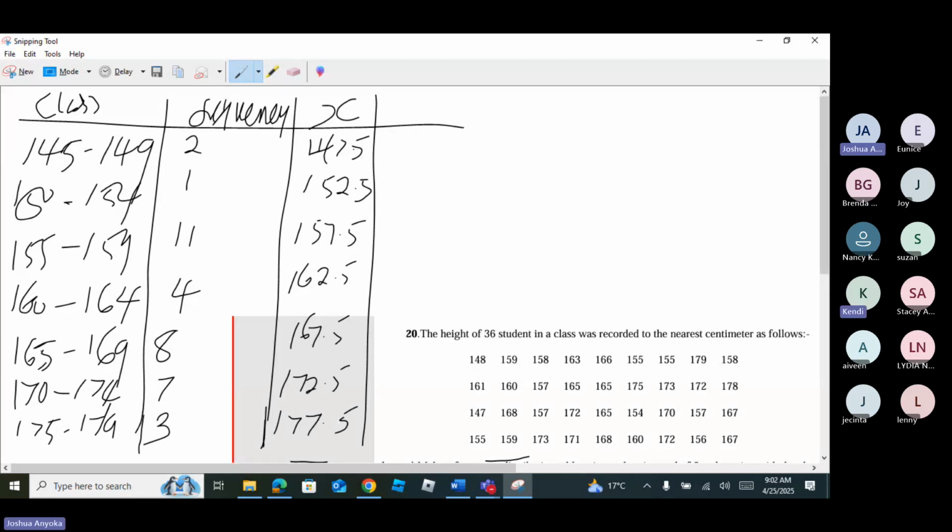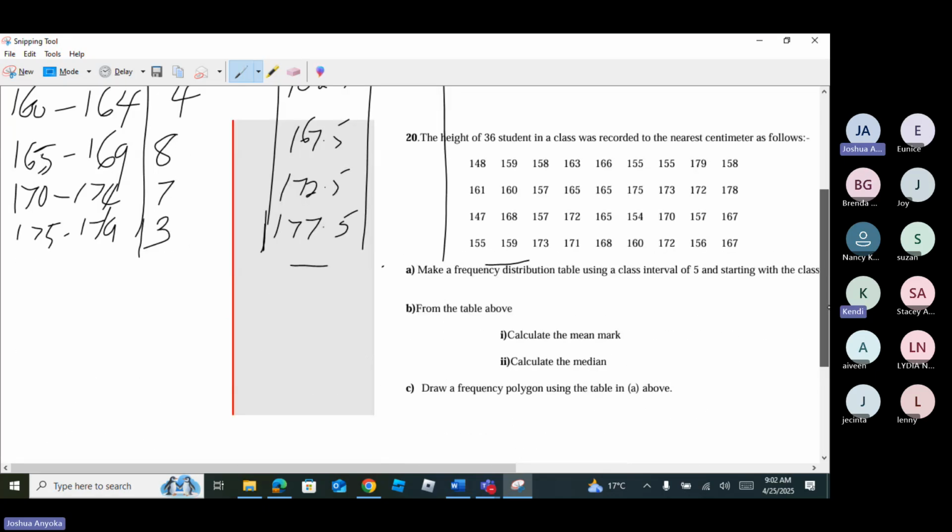Then you need another column for fx, frequency times the class midpoint.